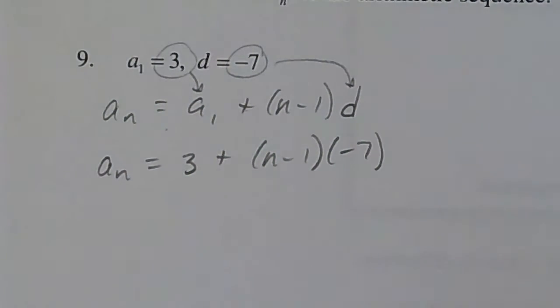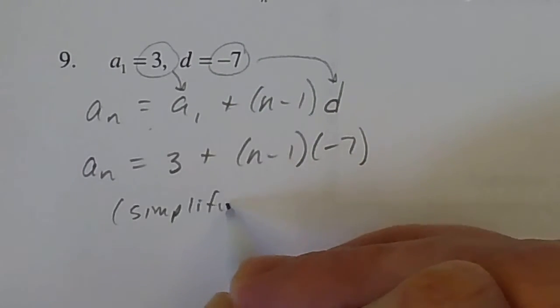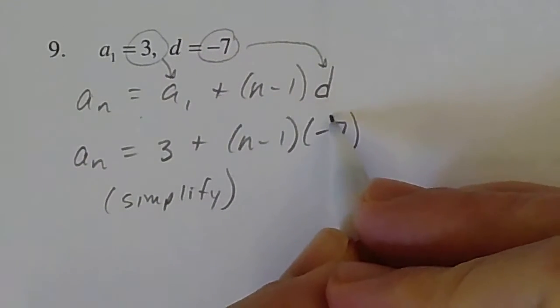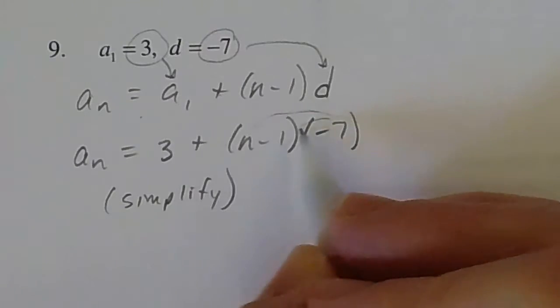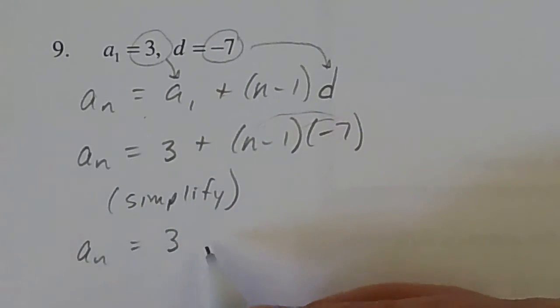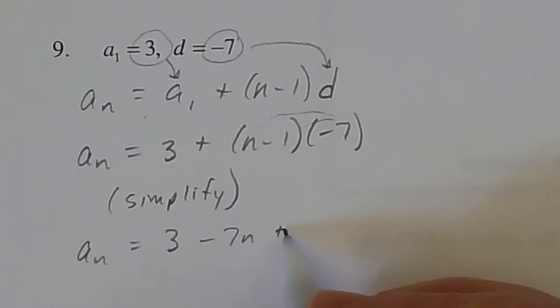All right, now we don't usually leave it in this form. If you check it in the back, they're going to have it simplified, so I want you to do that too. So I'll make note here to simplify this. That would just involve distributing the negative 7, multiply the negative 7 through this quantity. So that gives me 3, and then I've got a minus 7n, and then negative 7 times negative 1 is positive 7.